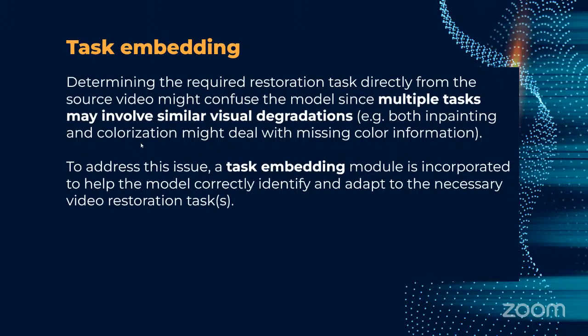For this reason, the model might actually have difficulties to recognize the necessary restoration task for any given degraded input video. So this task embedding module is constructed to help the model to correctly identify the necessary video restoration tasks and to adapt to these tasks.